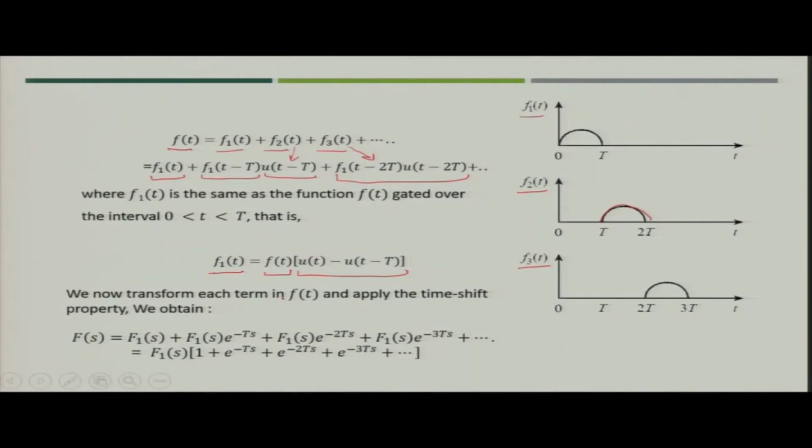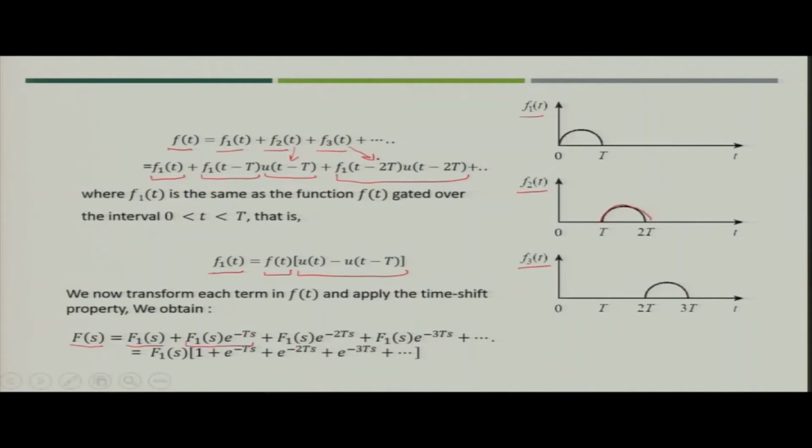So now if you are asked to find out the Laplace transform of the periodic function, that is F(s), what will you write? You will write the Laplace transform of function f1(t), that is F1(s). Then we will use the time shift property, and we will write the Laplace transform of the second term, that will become F1(s) e to the power minus Ts.